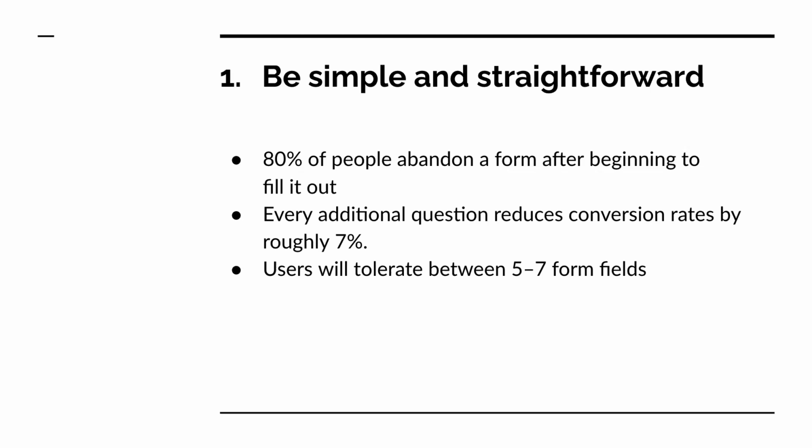So they're going to put any field they can think of into that form. And your job is to show them the research, talk to them about it, explain that the more they put in there, the less likely someone is to actually click that submit button, get all the way through and fill out the form. So if you don't need their address, don't ask for it.